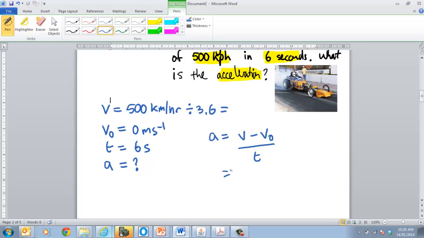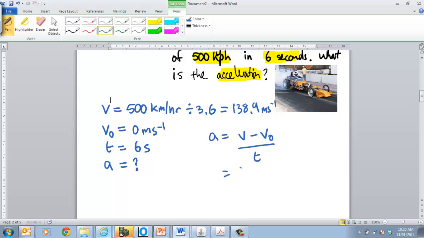So 500 divided by 3.6 is equal to 138.9. That'll be close enough. So 138.9, and that's metres per second.